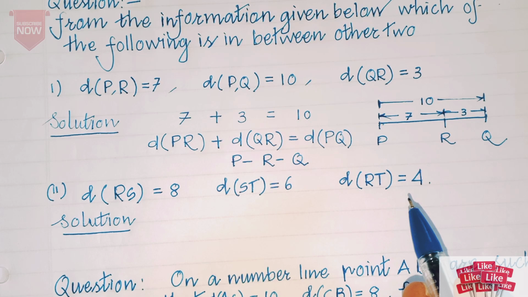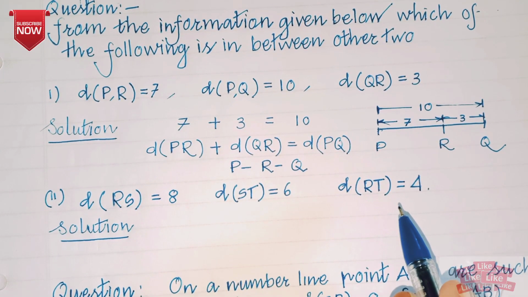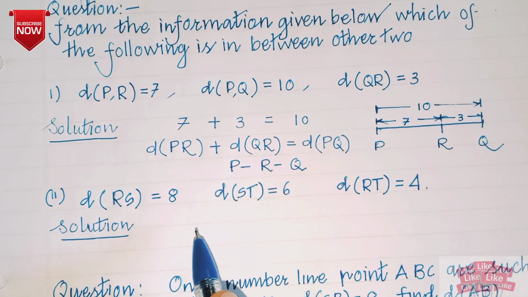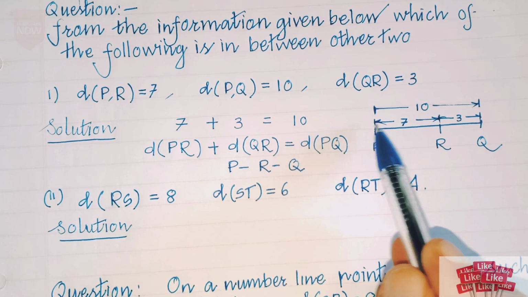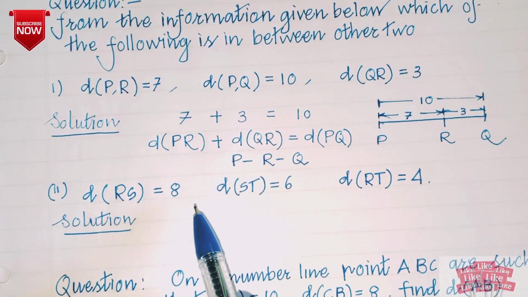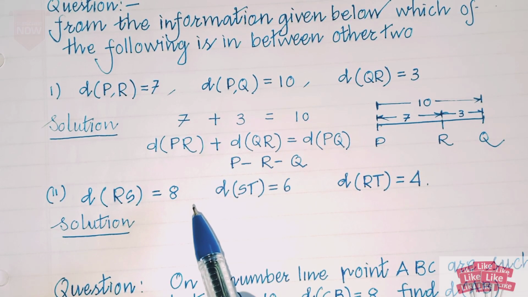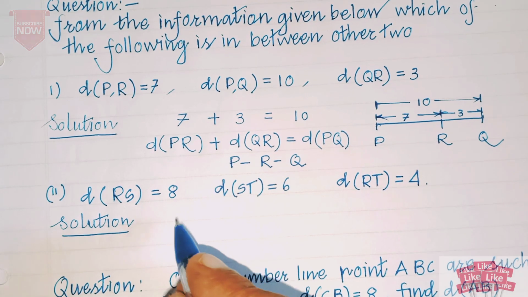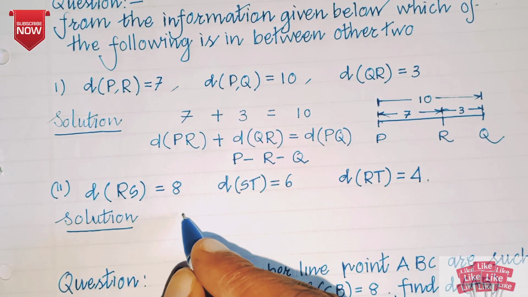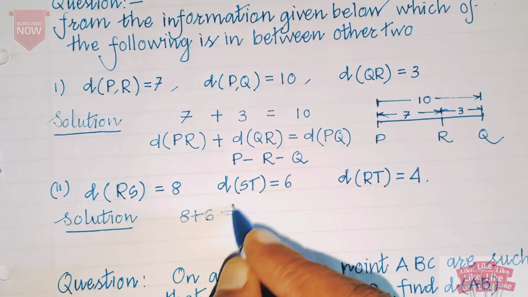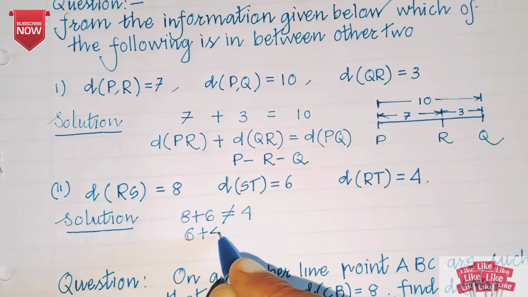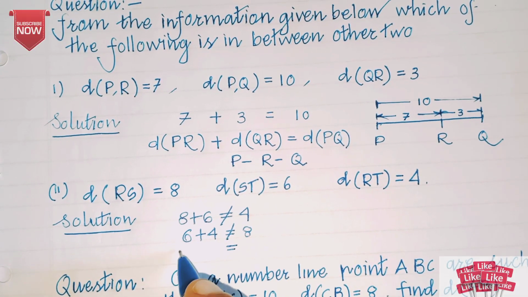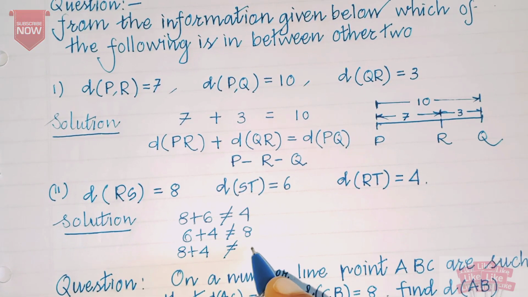Now we have to see whether the addition or subtraction of two numbers gives the third one. So in such a case, what will happen? The points will not be in a straight line. The ones we saw here were points in a straight line. Here no addition or subtraction equals the third, so we have to conclude that the points are not in one line. So you can say that 8 plus 6 is not equal to 4, 6 plus 4 is not equal to 8, after that 8 plus 4 is not equal to 6.